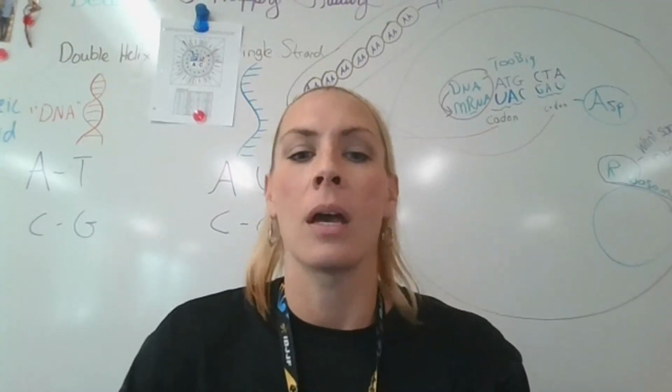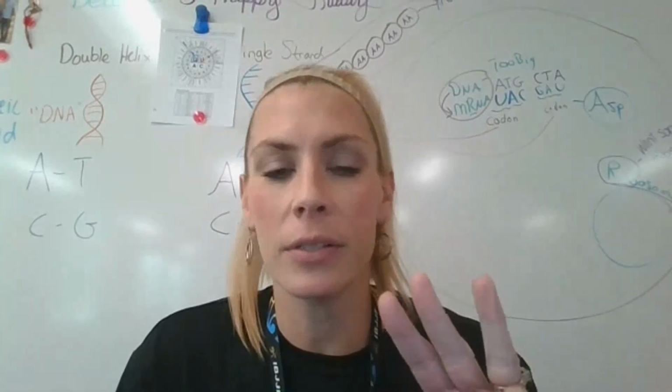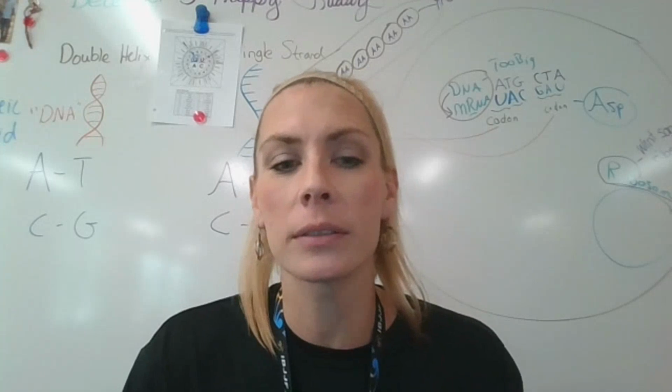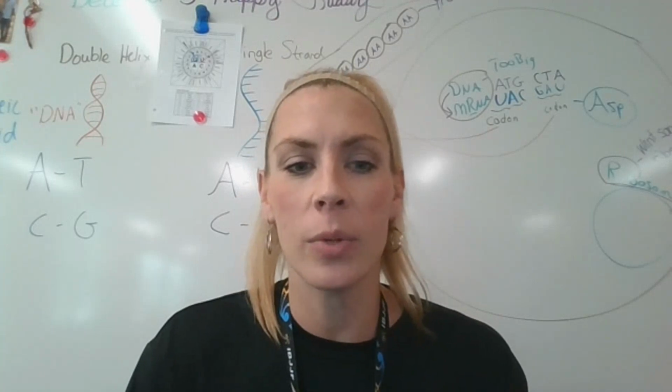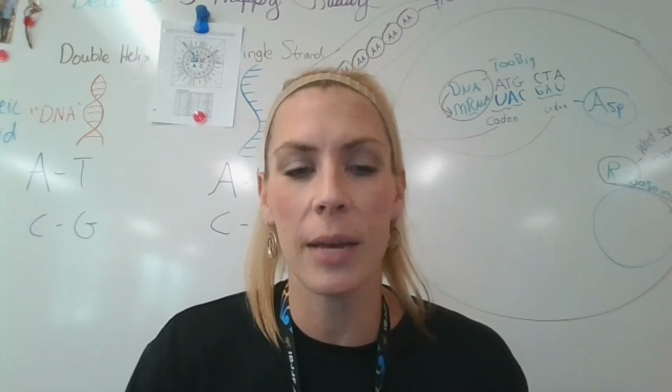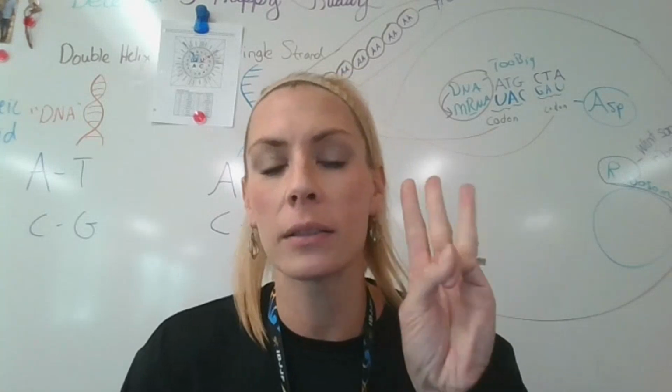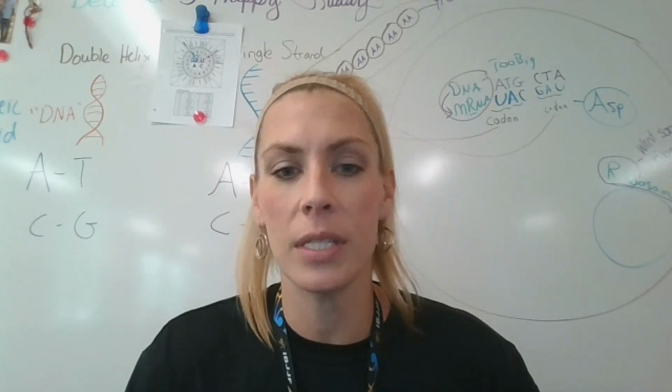C-O-D-O-N. A codon is 3 letters of an RNA sequence that codes for an amino acid. So in this particular RNA strand, I'm going to have 3 codons. Okay, I have the AUC, the AGA, UCG.